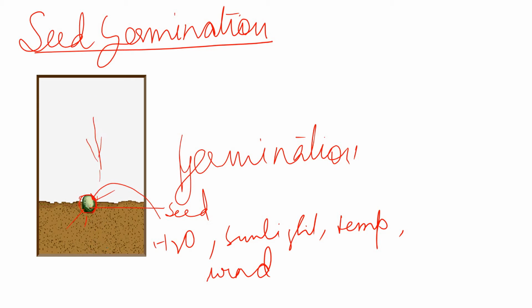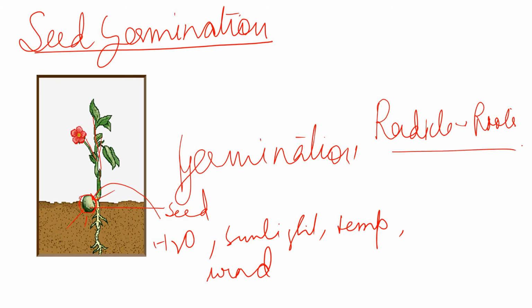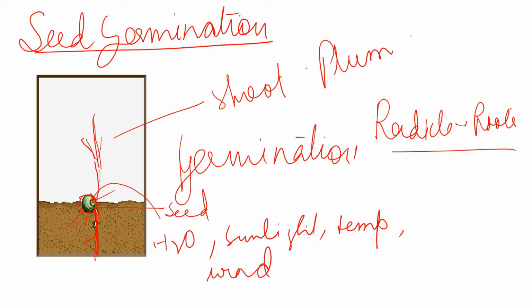As a result, the radicle, didn't I tell you that roots come out from the radicle, goes downward and becomes the primary root, and the plumule goes upward and becomes the shoot. Understood? Please rewatch the video of the seed if you cannot understand this.